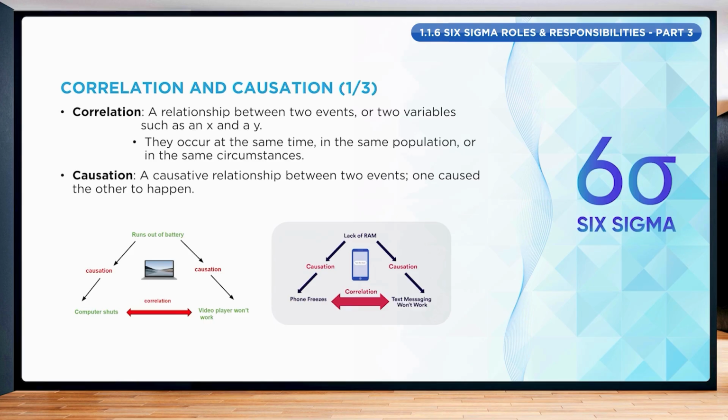So what we do is we change the inputs and we observe what is happening in the process output. Causation is a slightly different term because we try to establish if there is a causative relationship between two events. In other words, if one event triggers the other event to happen.